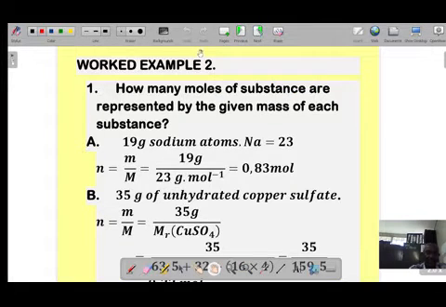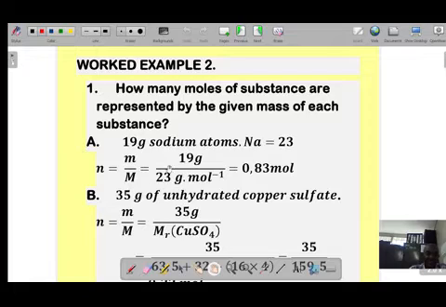Let's take example 2. How many moles of substance are represented by the given mass of each substance here? So they say 19 grams of sodium atoms. Sodium is 23. They gave us the 19 grams. So the formula says n equals mass over molar mass. What's our mass given here? It is 19 grams. What about molar mass? It's 23.